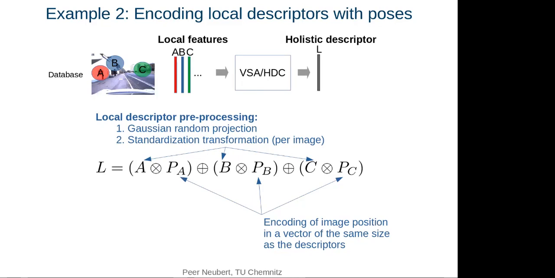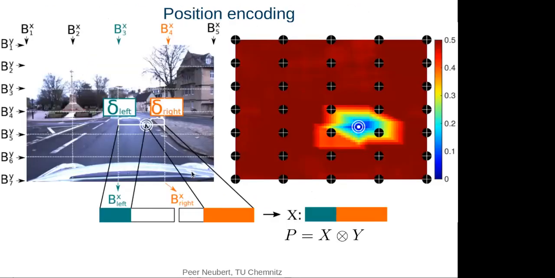And as I already said, in this Htc Delve approach, we do not use fractional binding, but this kind of thermometer code encoding. To encode the position in an image, we individually encode X and Y position and then bind the 2 vectors.